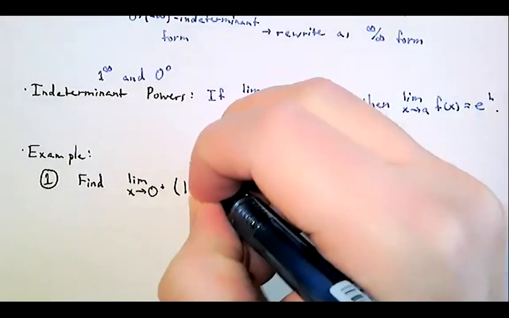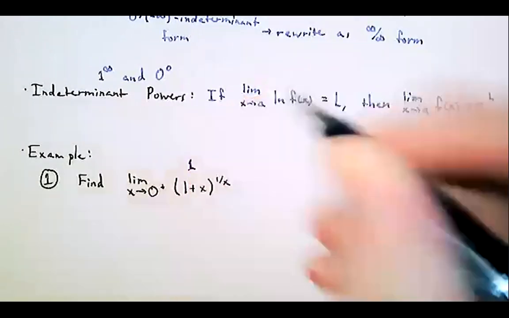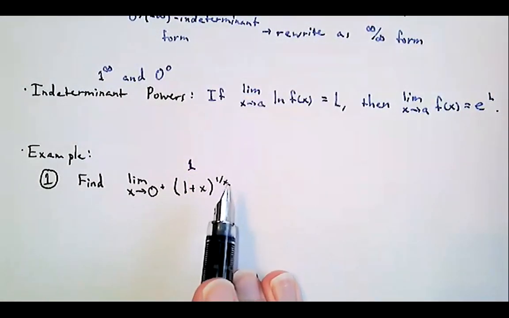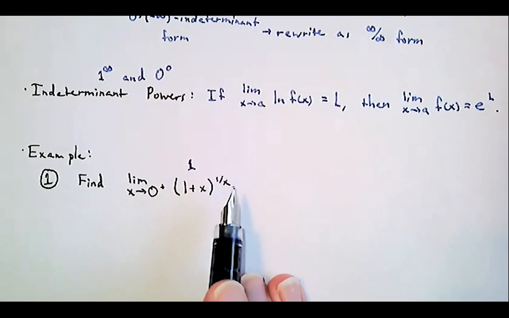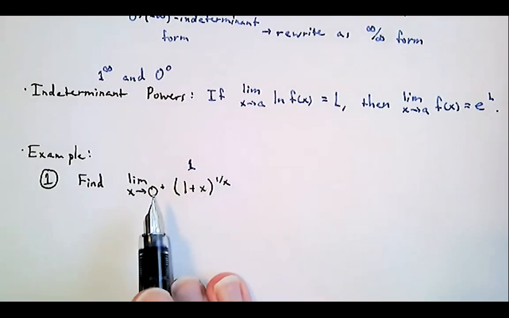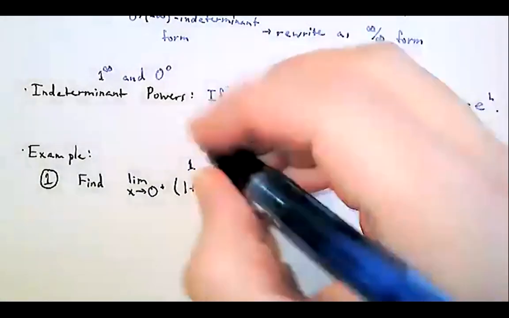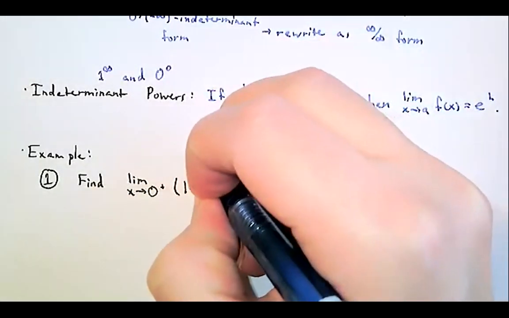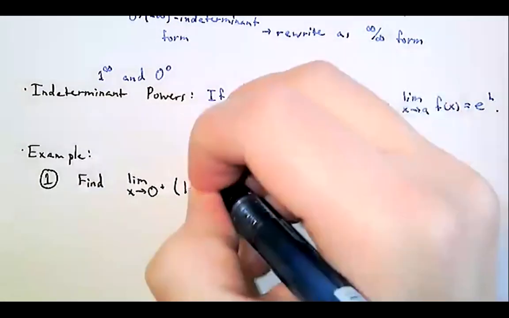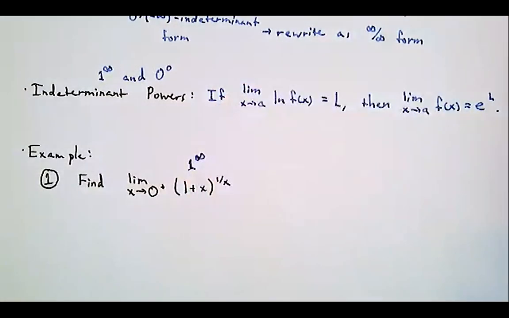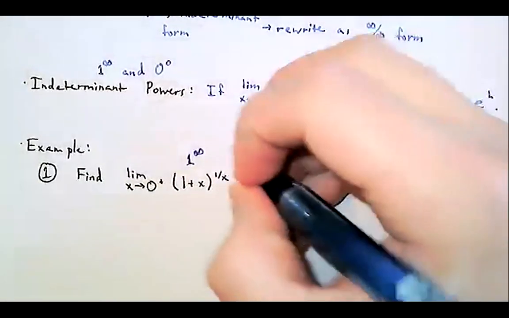So that's a 1. And in the exponent, 1 over x, you're trying to divide by 0, essentially. So this is going to blow up to infinity. That means this particular example is a 1 to the infinity indeterminate form.